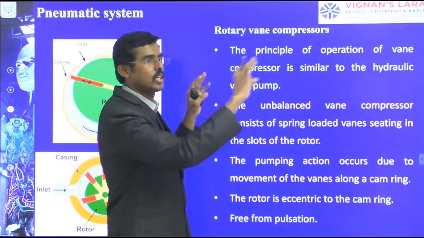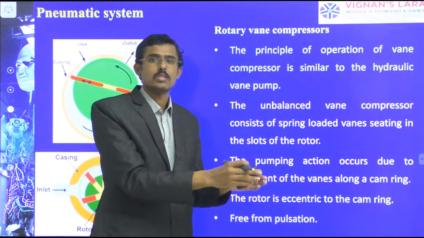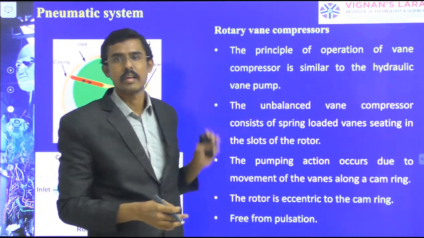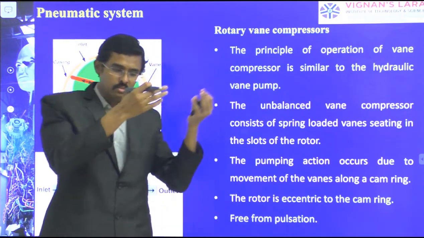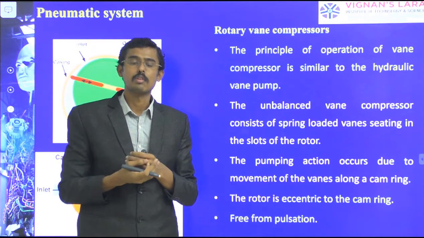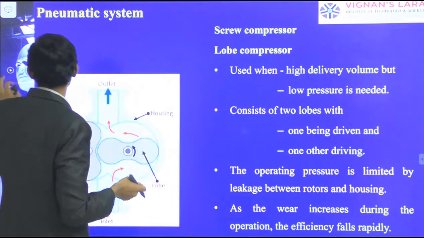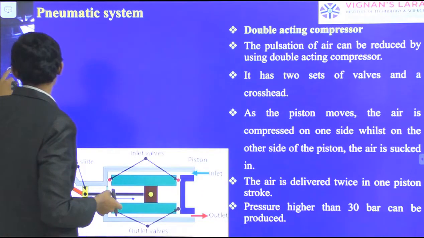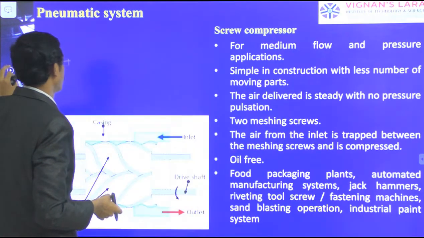We have seen about the general filters, compressors, reservoir tank, control valves, and then the actuating mechanism of a piston. With respect to that, we have also seen the various types of compressors, such as piston compressors, double compressors and multi-stage compressors, and diaphragm, screw.